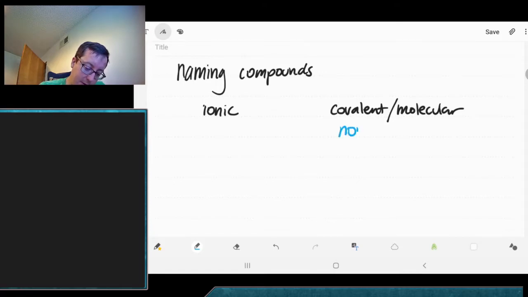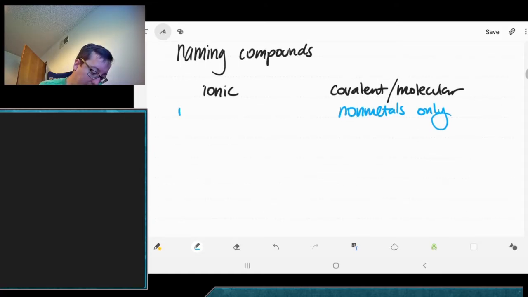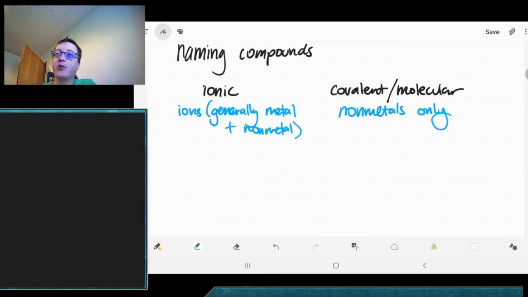The easier one for us to describe is that covalent or molecular compounds, whichever way you want to call them, are made of nonmetals only. We're going to see that ionic compounds are made of ions, which generally have a metal involved, whereas covalent ones must be nonmetals only.